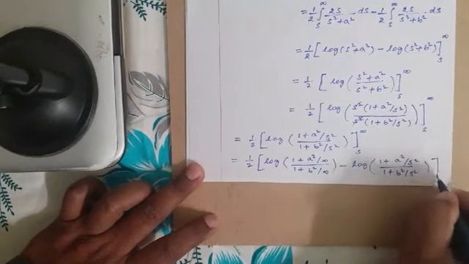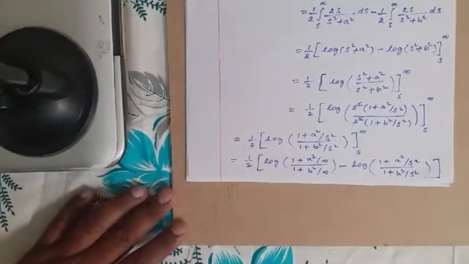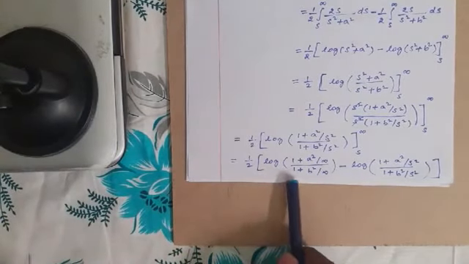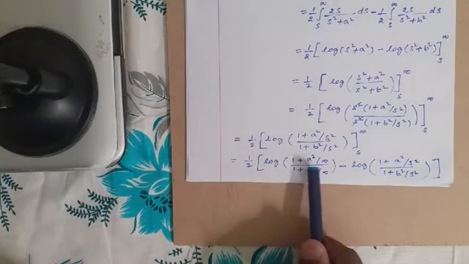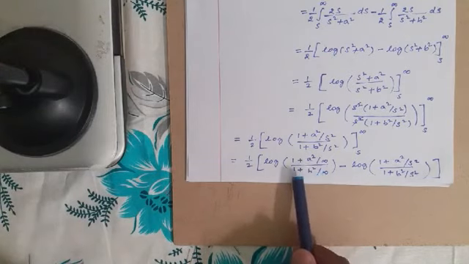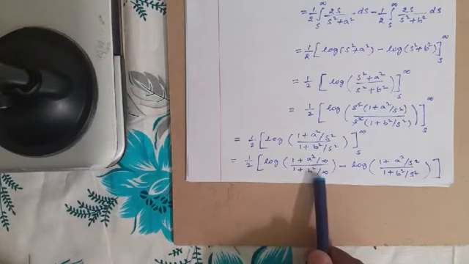So we have applied the upper limit as well as the lower limit. Now you can see 1 plus a square by infinity is 0, and 1 plus b square by infinity is 0.